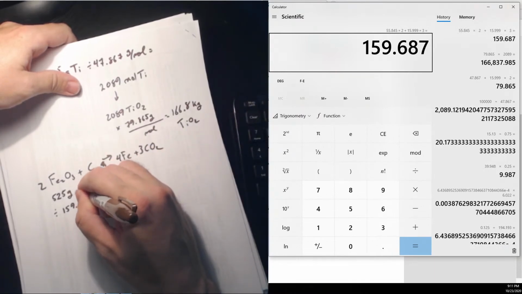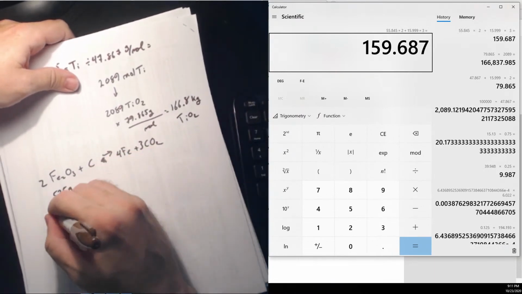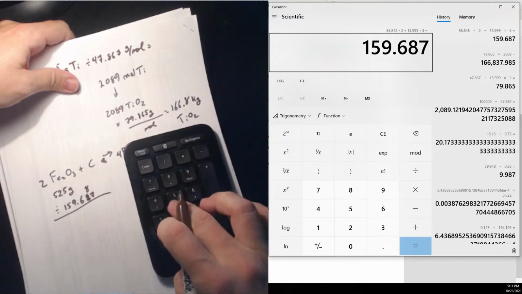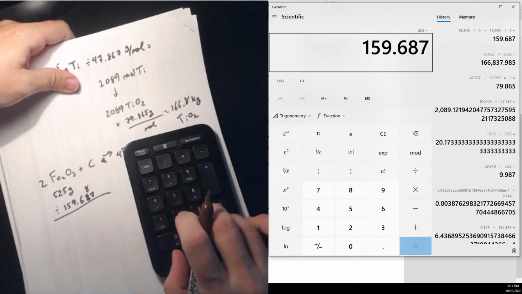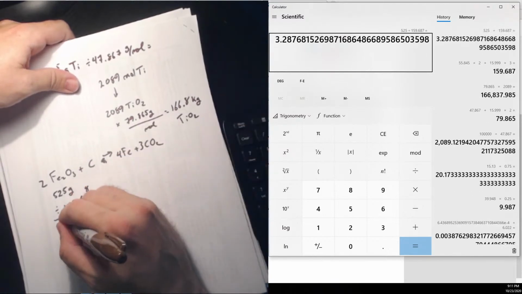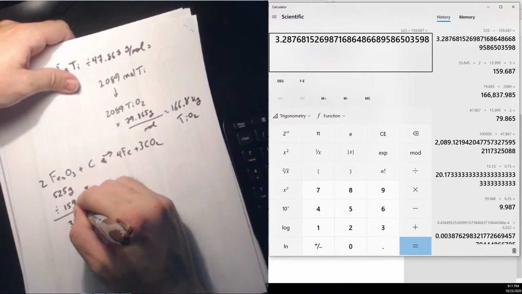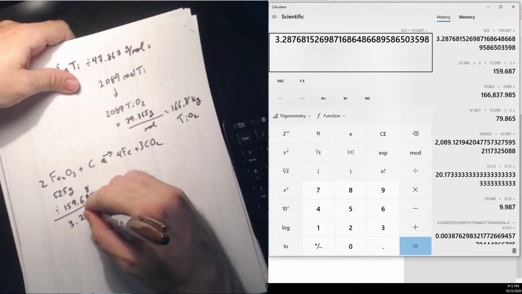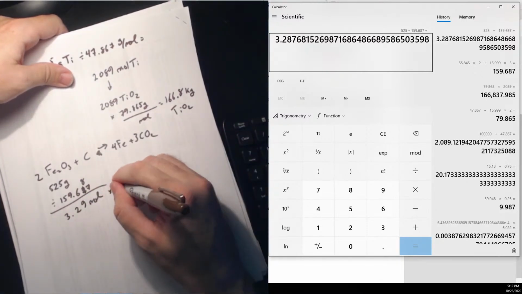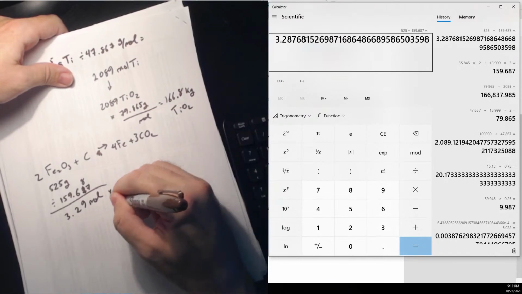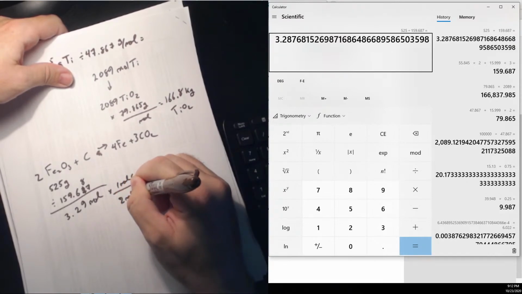Oh, wow. I was really close. All right. .29 moles of iron times 1 mole of carbon for every 2 moles of iron 3 oxide.